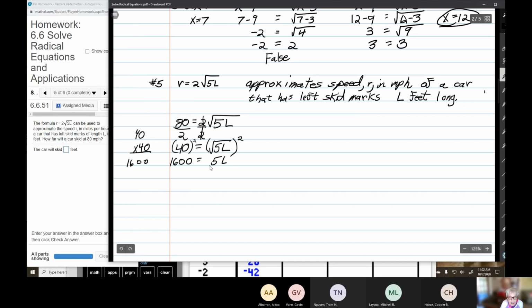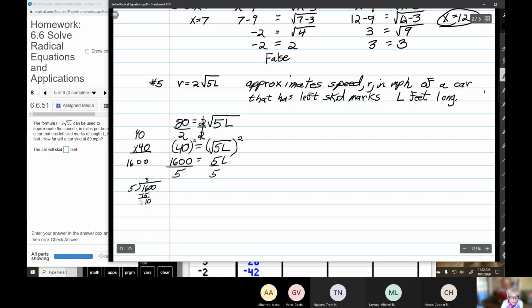Divide both sides by 5. Okay, 5 into 1600. I just feel like doing it by hand when I think it's going to be easy. My basically lazy nature. 16 minus 15 is 1.